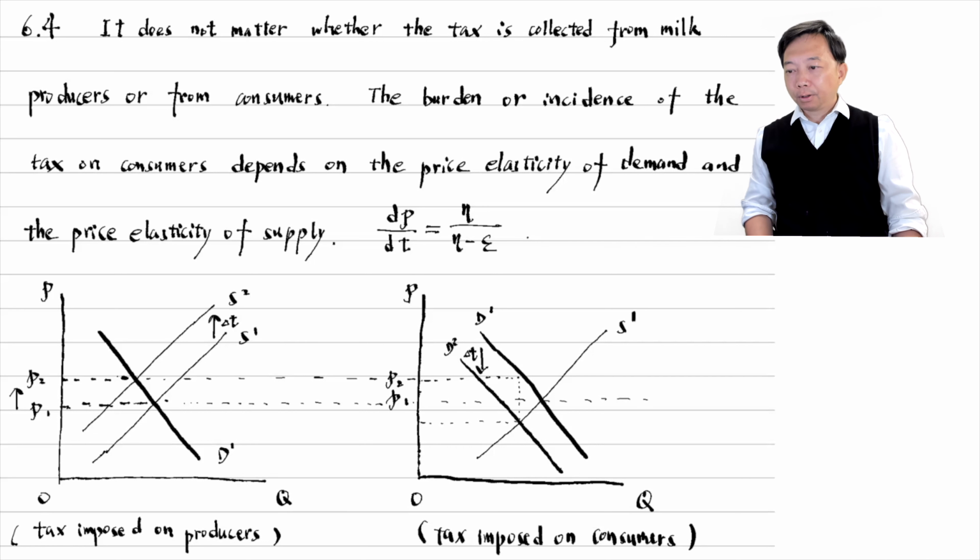The price consumers pay increases from P1 to P2. The graph on the right shows the situation when the tax is imposed on consumers. The demand curve shifts downward by the amount of the tax. The total price consumers pay is still P2 because it is the sum of the price consumers pay to the producers and the tax to the government.